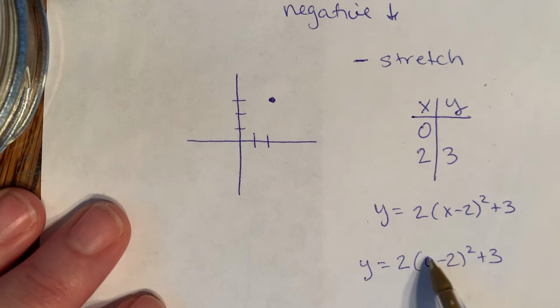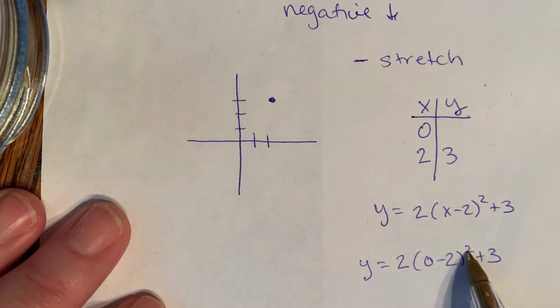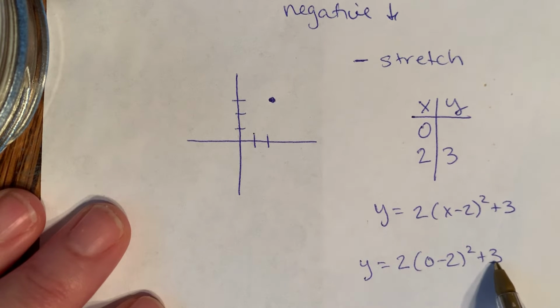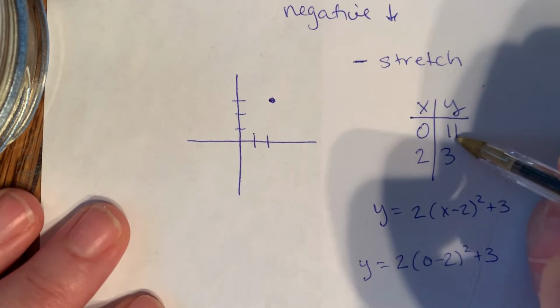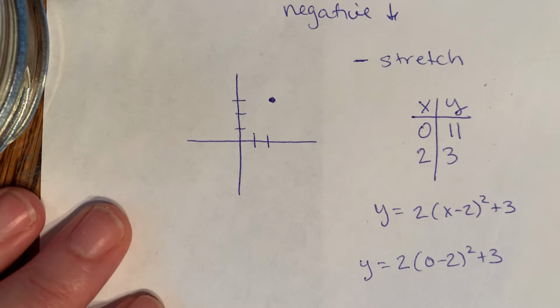So parentheses is what we're going to do first. 0 minus 2 is negative 2. Square that, you get a positive 4. Times 2 is 8, plus 3 is 11. So we can put 0, 11 is definitely a point on this graph.